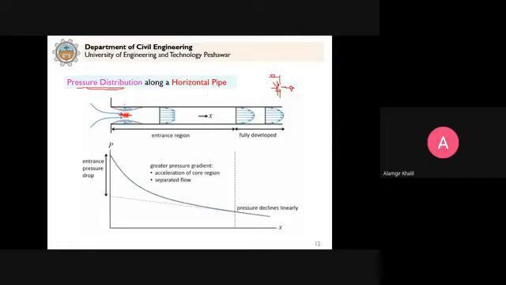So same is the case here. Like in case of an orifice, when we have a pipe, because the streamlines are coming from all sides, they will converge here. So at this point, we have maximum contraction and the velocity will be maximum. And then it will diverge to occupy the full diameter of this pipe.